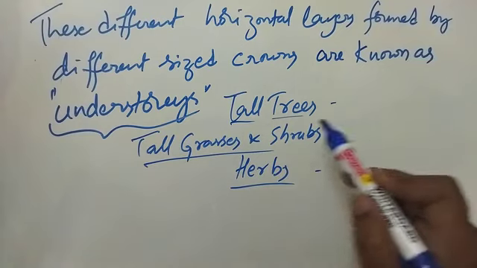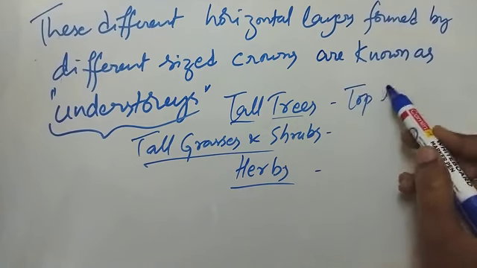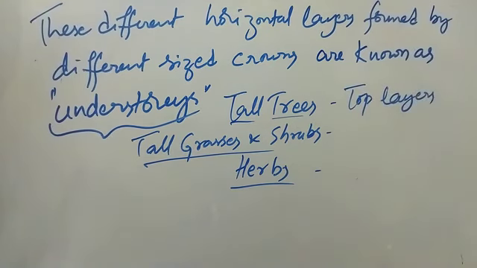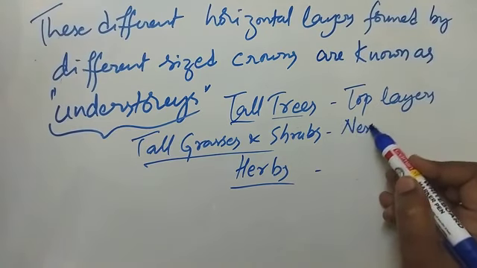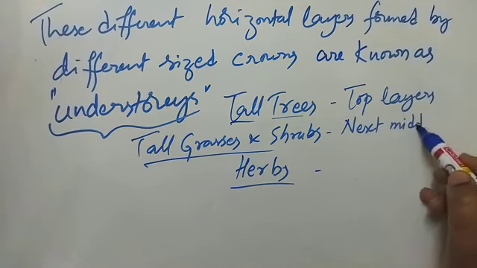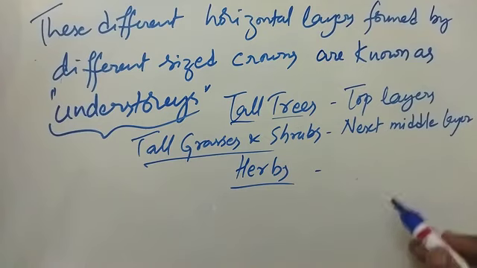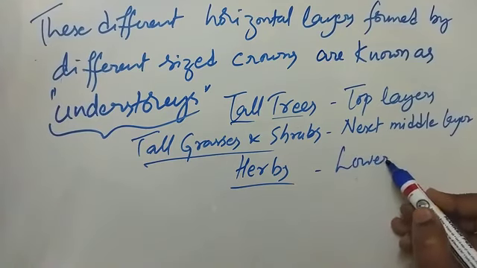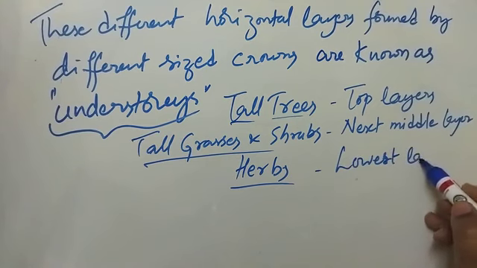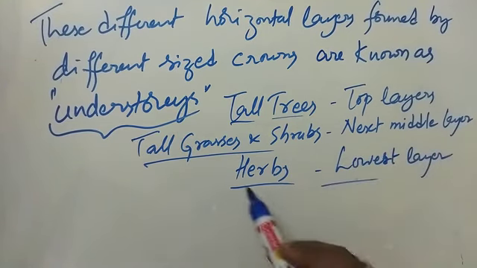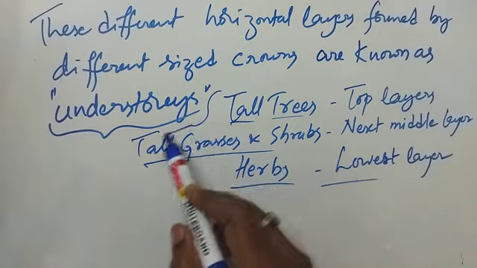Tall trees form the top layer, tall grasses and shrubs form the next or middle layer, and herbs form the lowest layer. So these three are the understories.